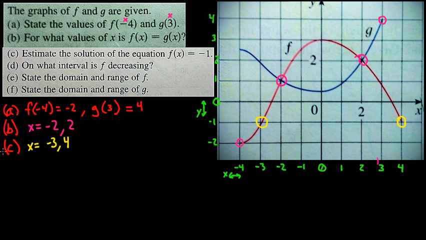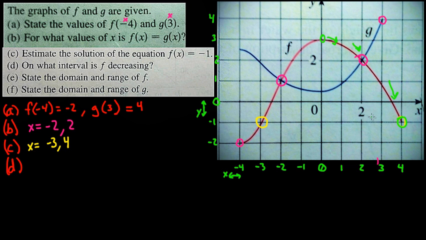Okay. Now for D, on what interval is f decreasing? Alright, so we've got the function f. It starts right here, and it starts going down, down, down, all the way to right here.